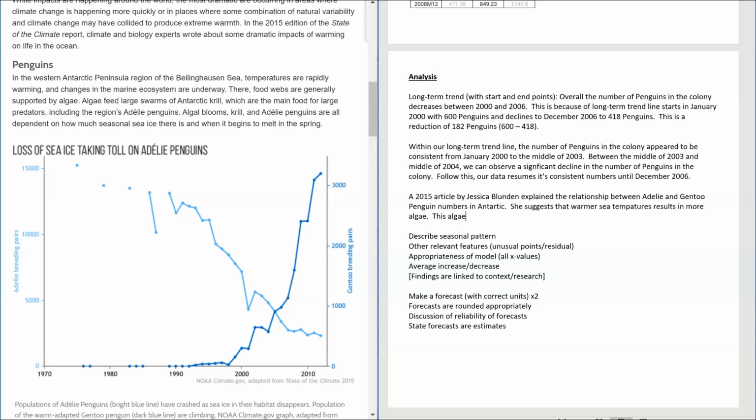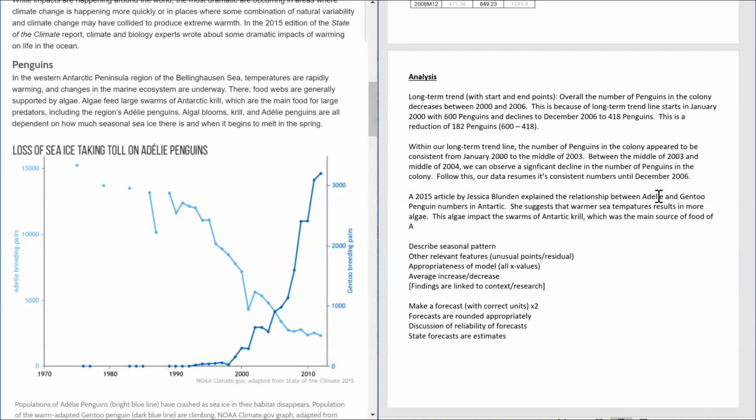This algae impacted the swarms of Antarctic krill, which was the main source of food for Adelie penguins.